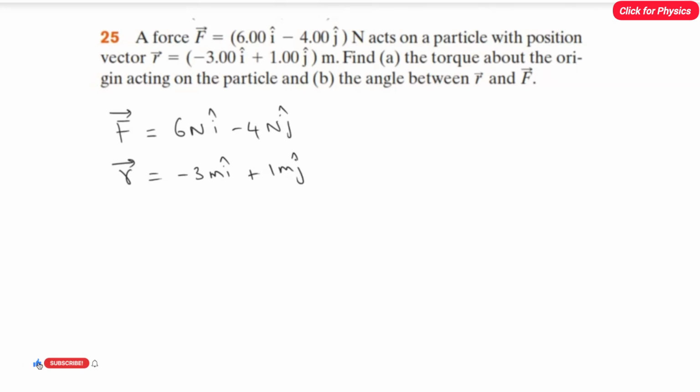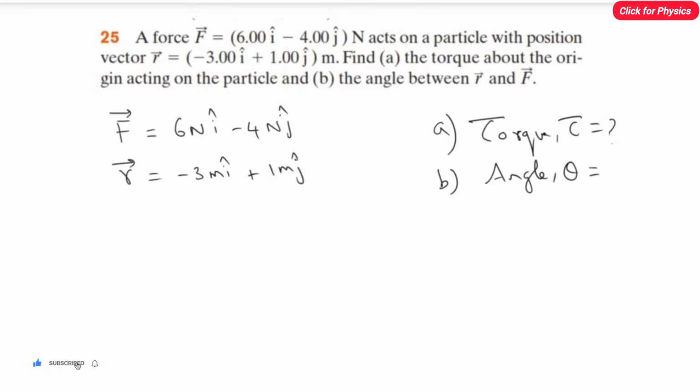By using these two vector equations, first we have to find the torque tau. And second part, we have to find the angle theta between r vector and F vector. So we have to find these two answers.